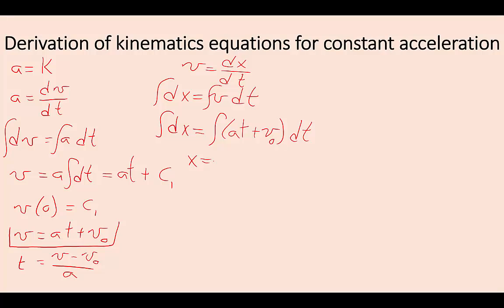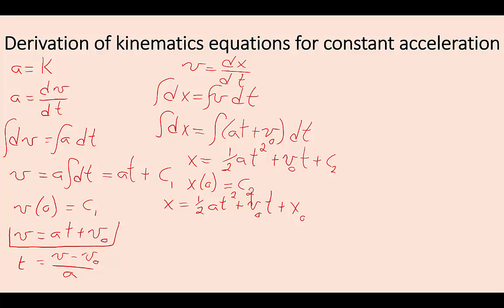So x is 1/2 at squared plus v naught t plus, again, another constant. Similar to what we did before, we say, well, what is x at 0? That is our c2. We're going to call that x naught, like we called the other one v naught. So our second equation is that x is equal to 1/2 at squared plus v naught t plus x naught.